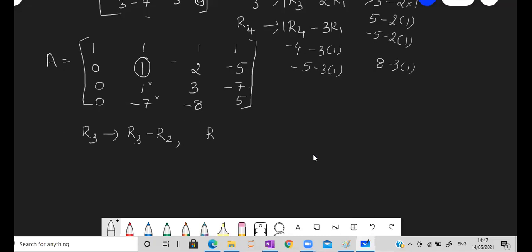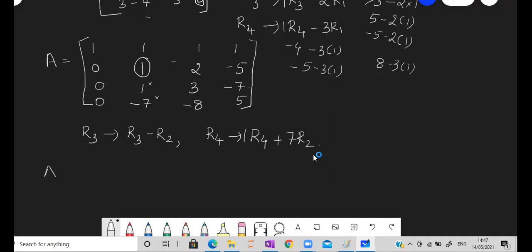Again for R4, they are not the same, so let us take it properly. R4 minus, which element do you want to reduce? You want to reduce minus 7 with the help of 1. Where is this 1 lying? In R2. Yeah, let us apply the operation.